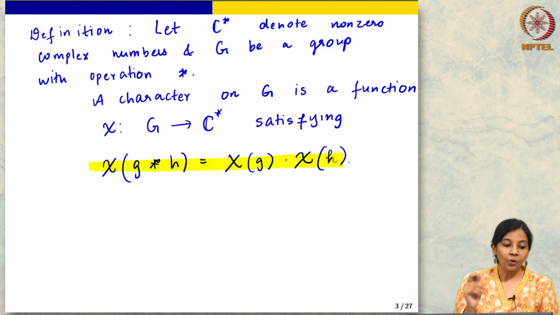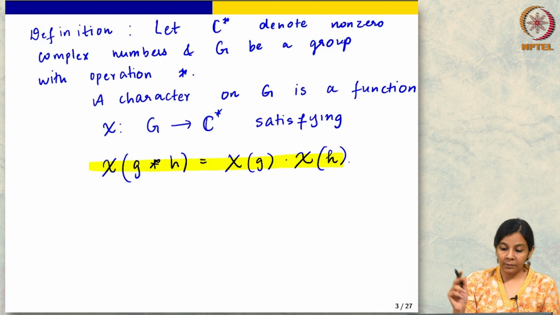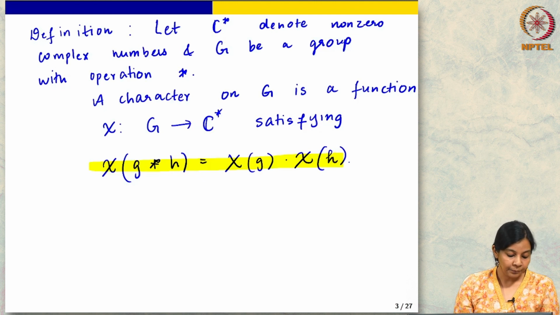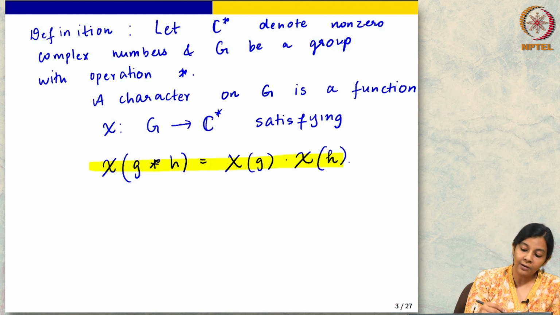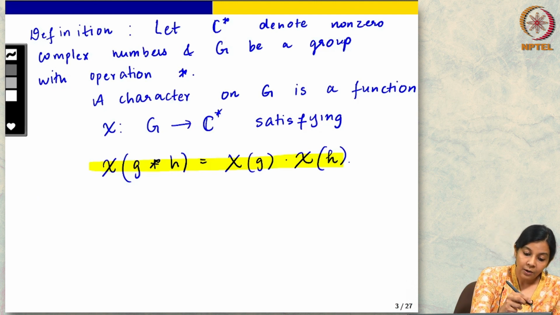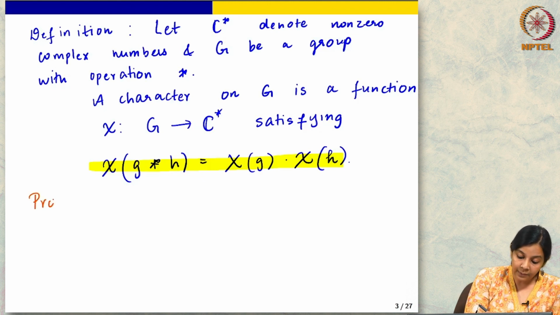So, this is the basic definition of a character, and this is not difficult to see in our example of Z2 to the n. Let us in particular spend a few minutes looking at some of the properties of characters that we have already used.